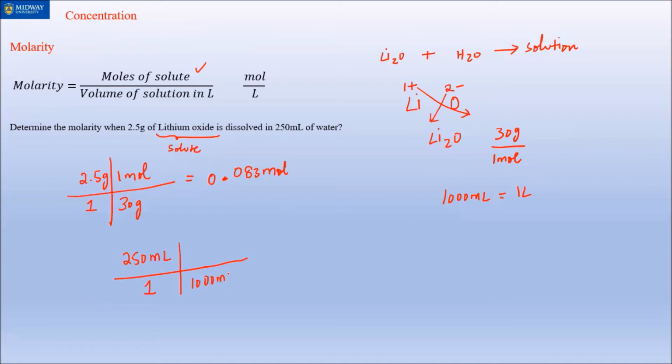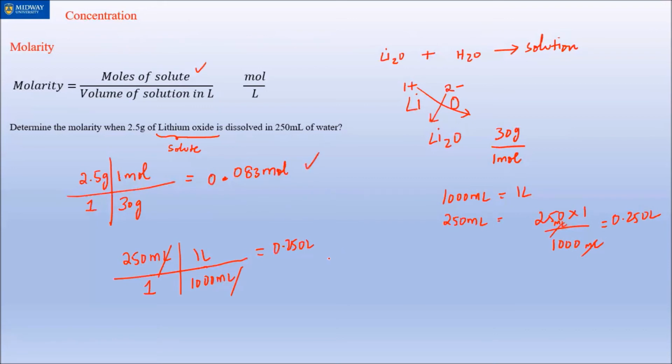So this is 1,000 mil is 1 liter. So that's 0.250 liter. I've also seen people do it this way. 250 mils would be simply 250 times 1 over 1,000. It's all the same. However you want to get it, make sure you get the answer in liters. So this is mils, this is mils. So the mils and mils cancel out, either method you use. The answer is the same.